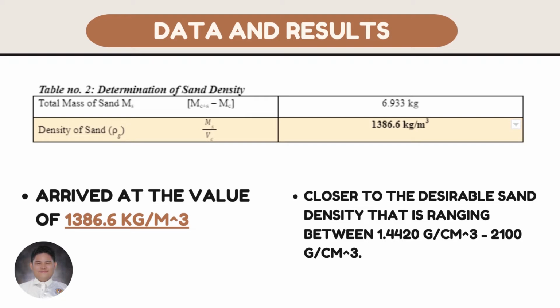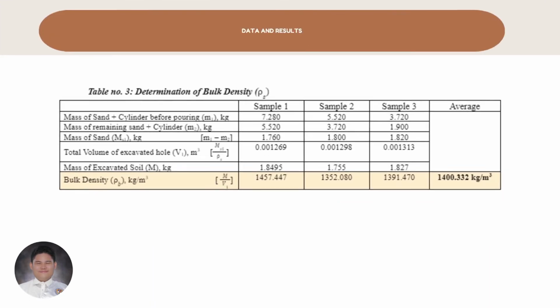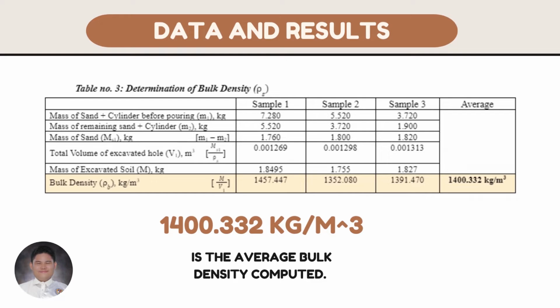Before placing the excavated soil in the drying equipment, bulk density was determined first by its formula, which is the weight of soil divided by its total volume. Add the results from the 3 trials and get the average. 1,400.332 kg per cubic meter is the average bulk density computed.